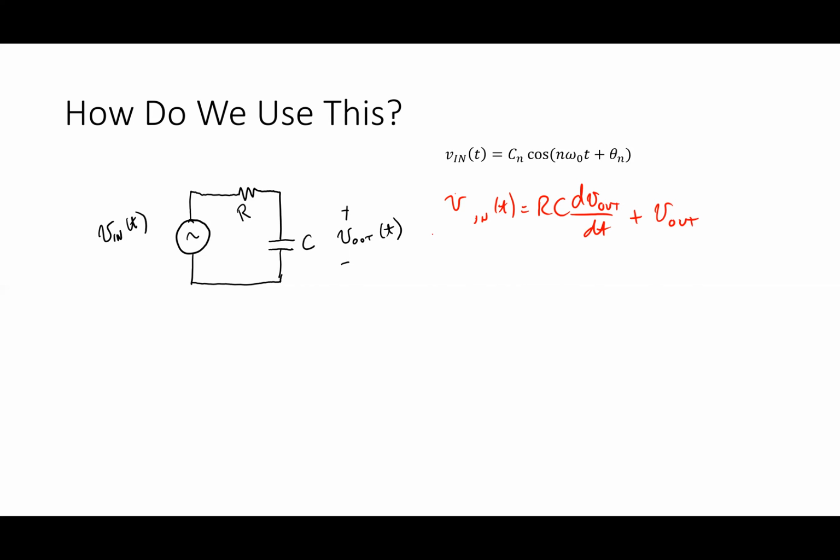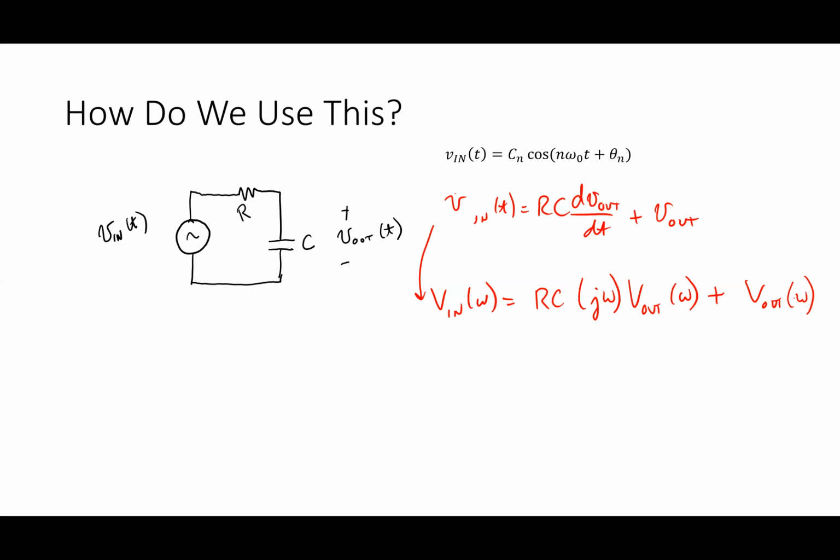What you do is you say, okay, I can replace the Vin of t and the Vout of t with their Fourier transform. So Vin of omega is equal to RC times j omega, which replaces the d by dt, times Vout of omega, plus Vout of omega.